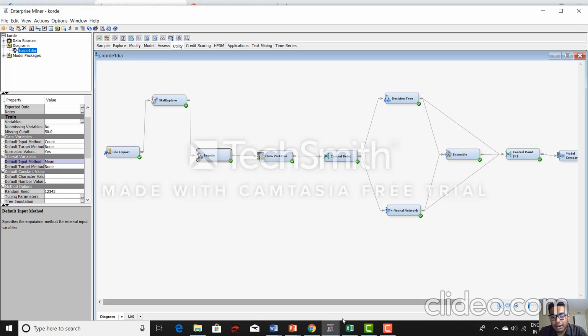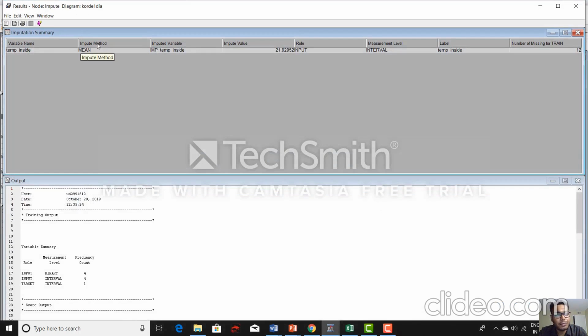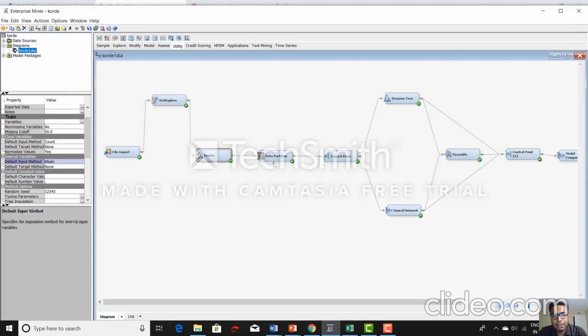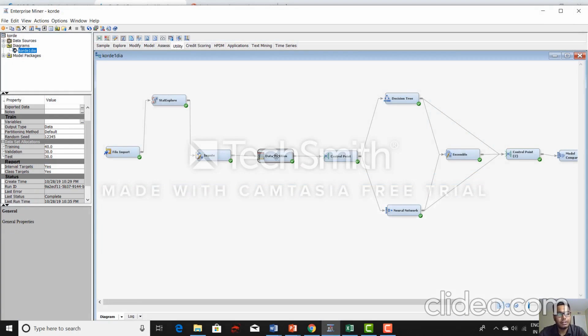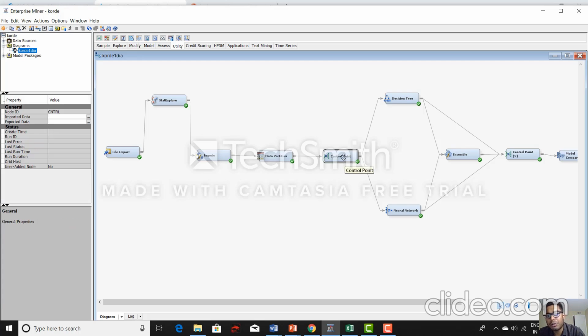Here is the result of our Impute node, and as you can see, it has identified the 12 missing values. Going further, there is the data partition method, in which I have used 40% of our data for training, 30% for validation, and 30% for test purposes. Going further, I've used a control point. The control point is used for the flow of our data into different models.